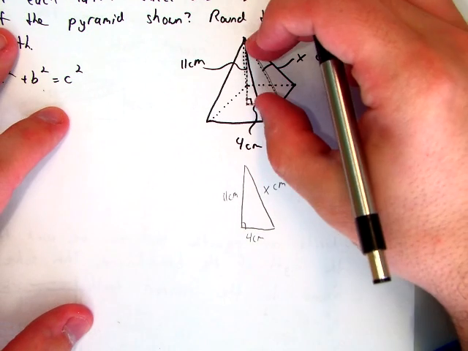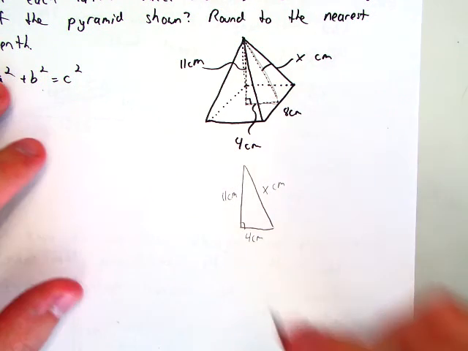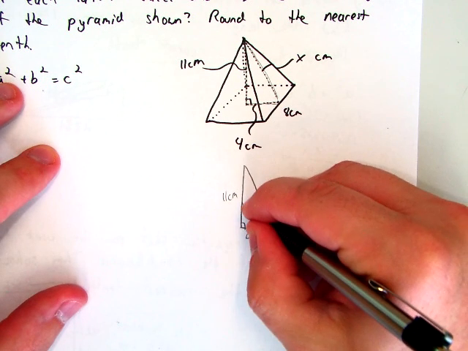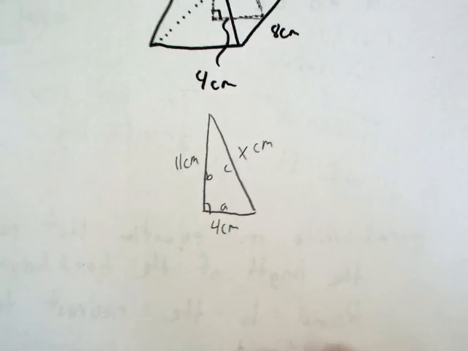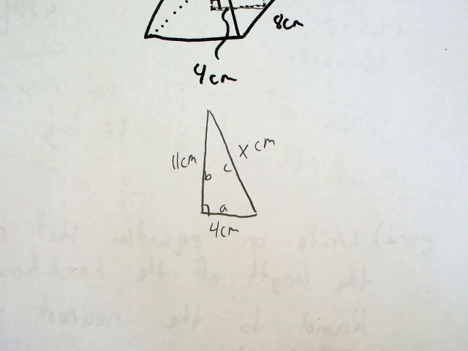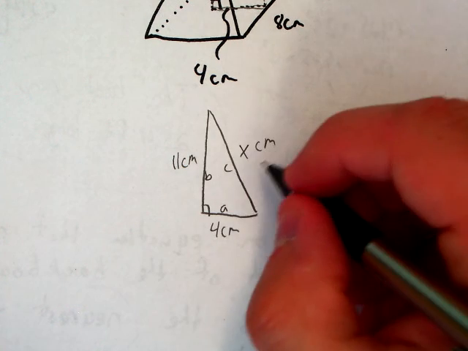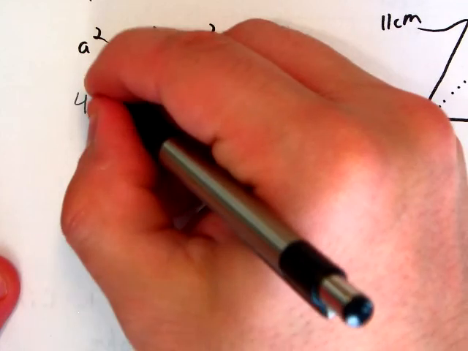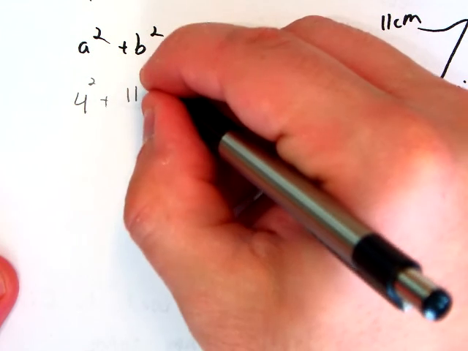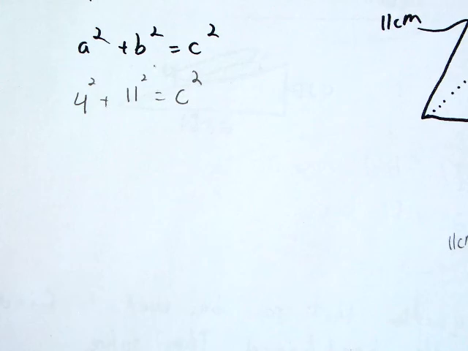So literally what I did was I took this triangle here and moved it out. I'm then going to have A, B, and C. So A is 4, B is 11, and C is my unknown.